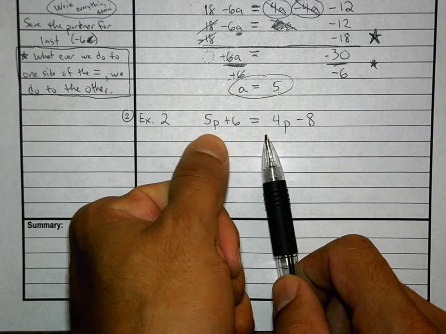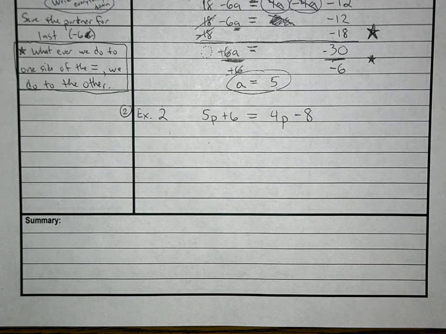I would always recommend that whatever gives you a positive partner is probably what you want to do. Meaning, if you subtract 5p over here, you're going to get 4p minus 5p, and you'll get a negative p. You don't want a negative p, you want a positive p. So if you subtract 4p over there, it'll be positive.